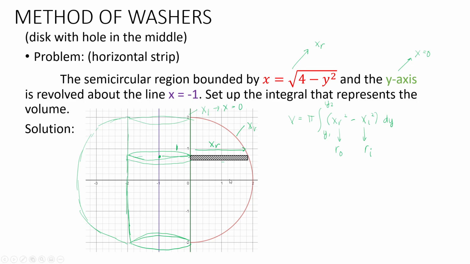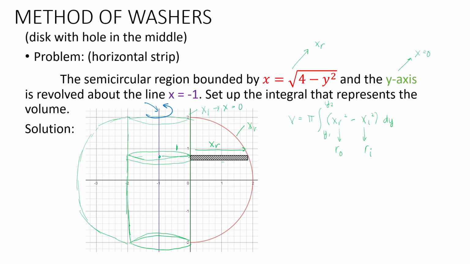So again, to clearly define what I'm talking about, let's change color. Okay, blue. So again, this one is our axis of rotation. You're rotating about x equals -1. So again, the concept of outer radius and inner radius.